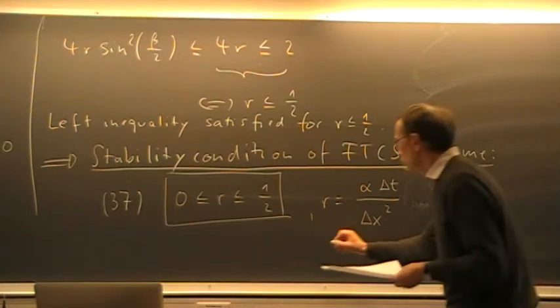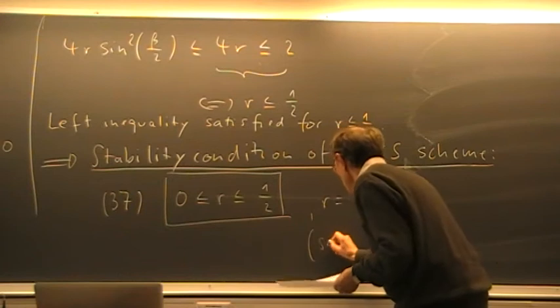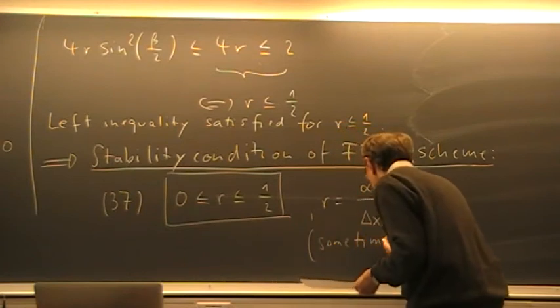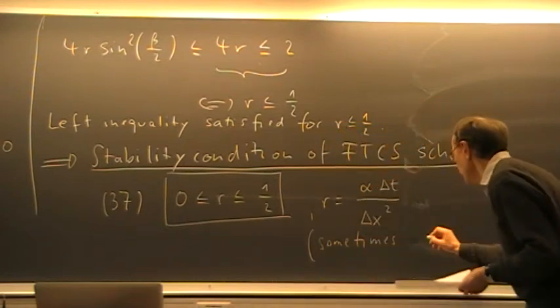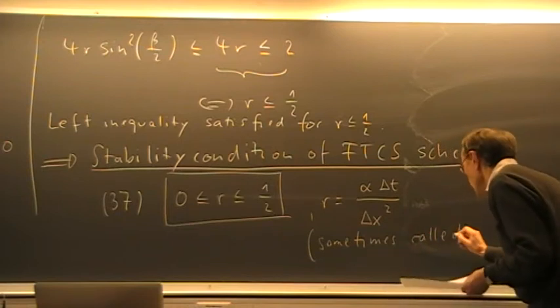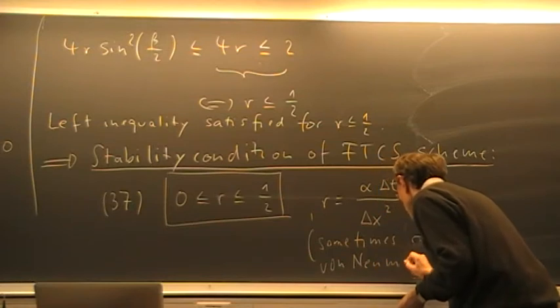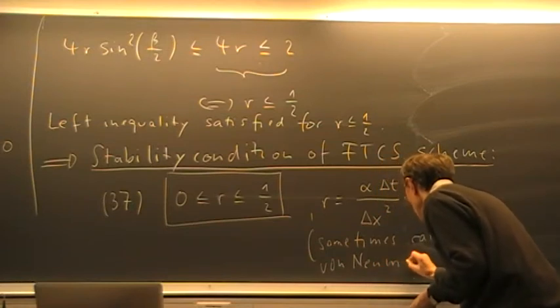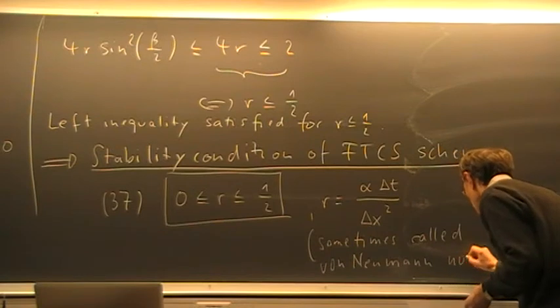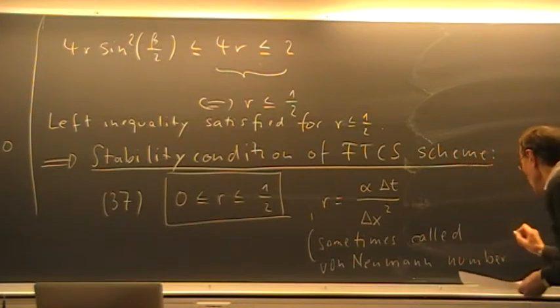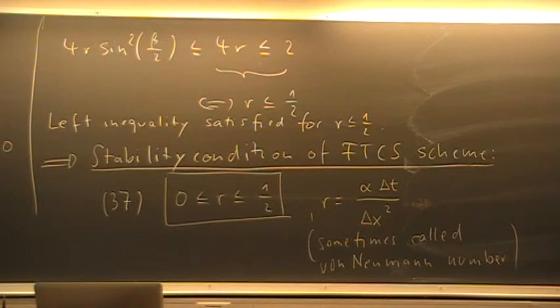And this is sometimes called, it is not so common actually, but I think John von Neumann would deserve this. He was the one who came up with this stability analysis that has his name, von Neumann stability analysis.